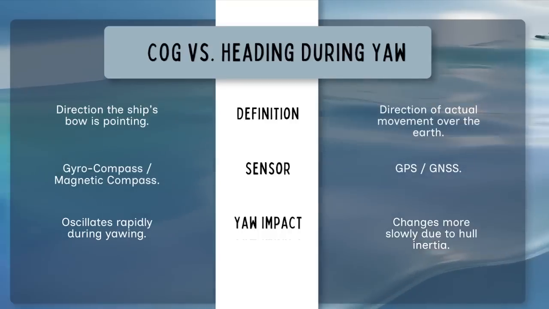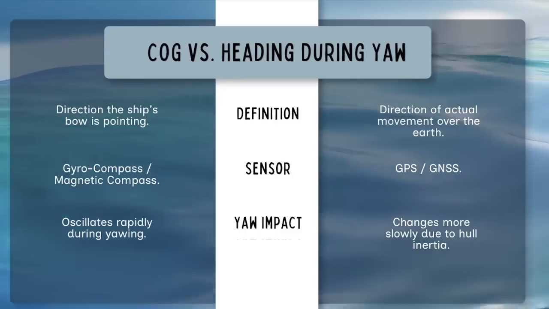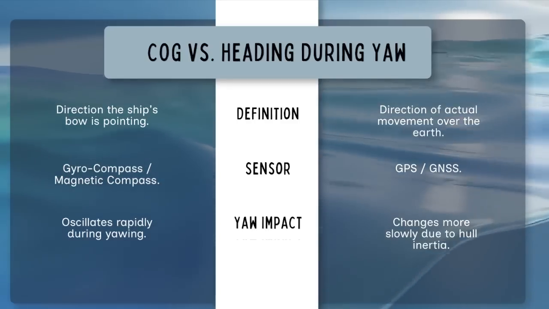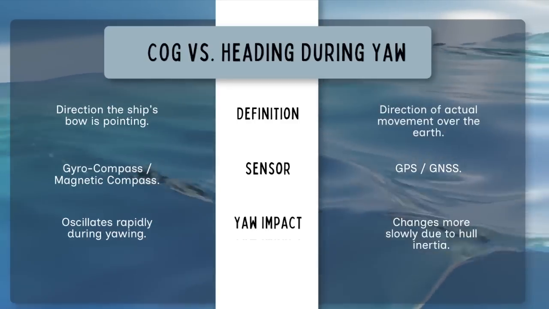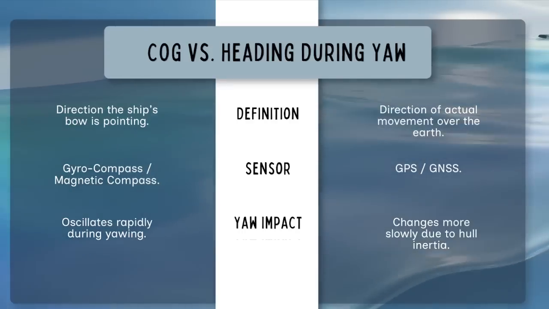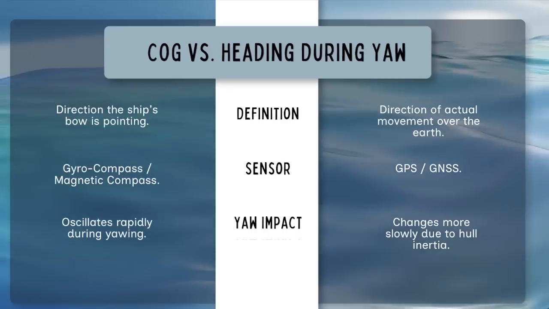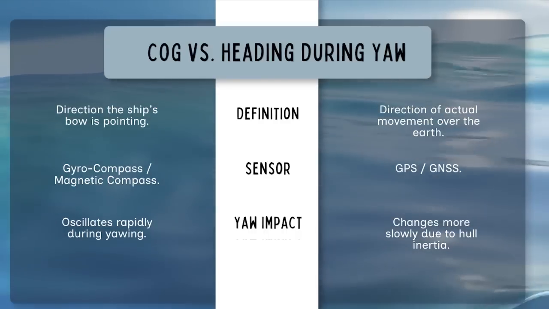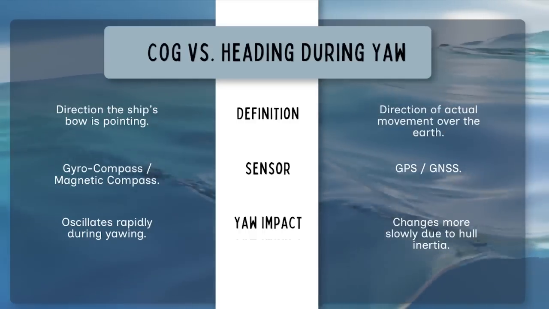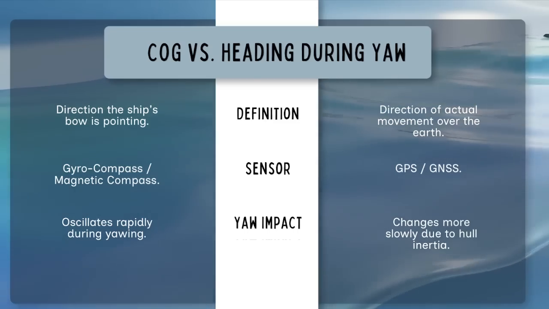In terms of their sensors, heading comes from the gyro compass or the magnetic compass, while the other one is the GPS or the GNSS. In terms of yaw impact, COG oscillates rapidly during yawing, while the heading during yaw changes more slowly due to the hull inertia.